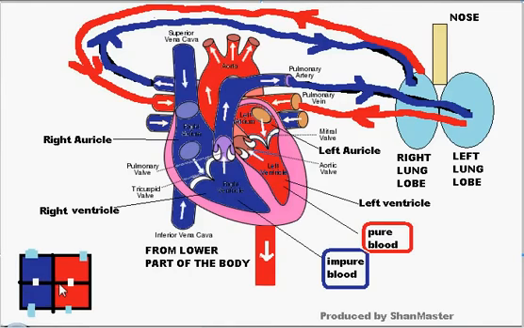Left auricle to the left ventricle there is a bicuspid valve or mitral valve, and from the left ventricle a valve protects the flow into the aorta. From the right ventricle there is a valve protecting that flow when it flows into the pulmonary artery here.